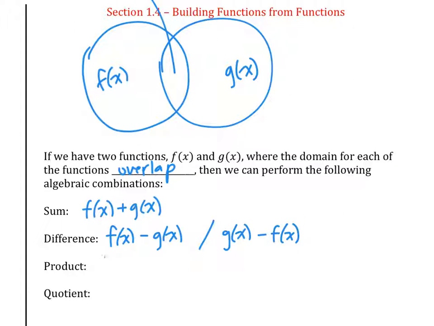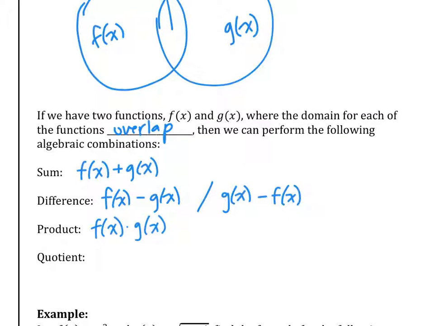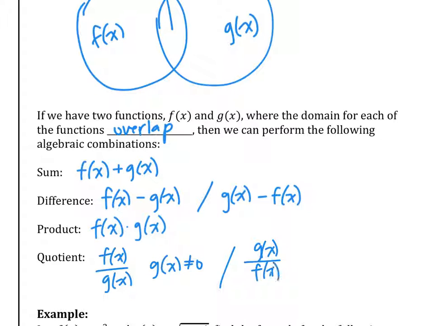We can multiply the two functions together. And then we can also divide them. So we can take f divided by g. We just have to make sure that g of x is not 0. Or we can take g of x divided by f of x, and we just have to make sure f of x is not 0.